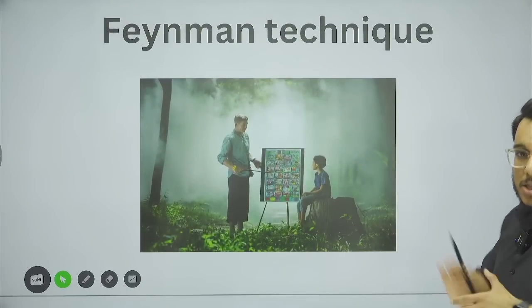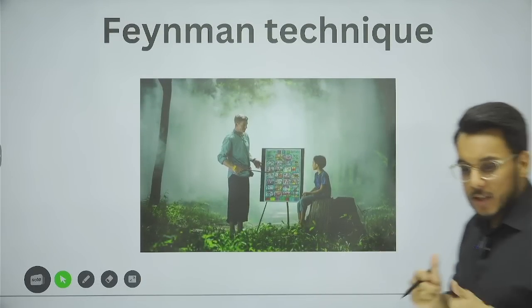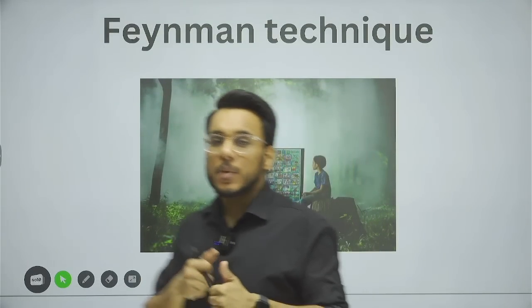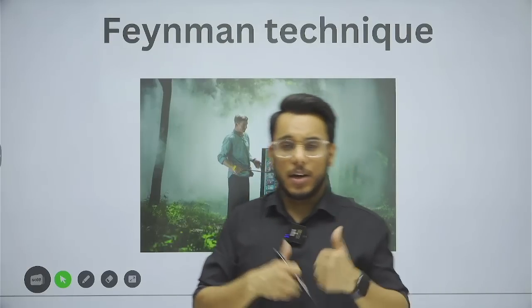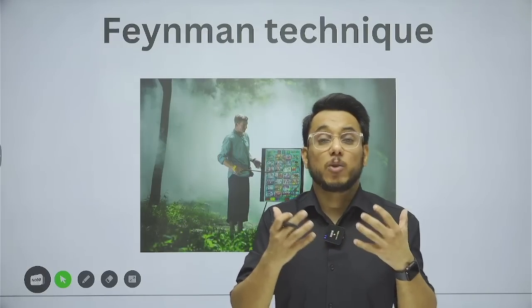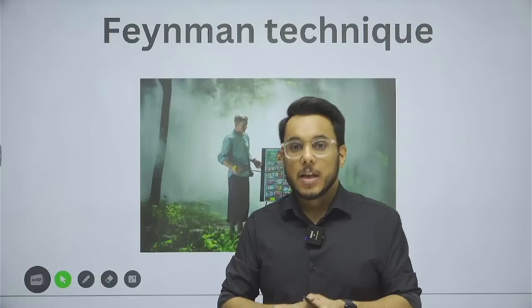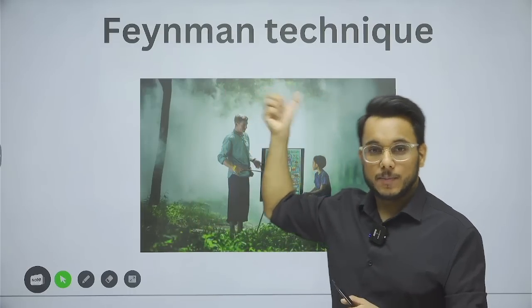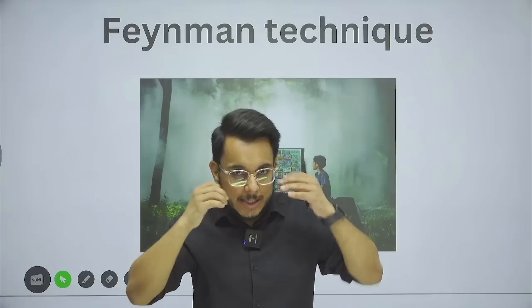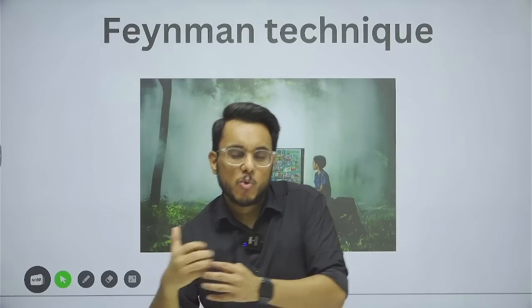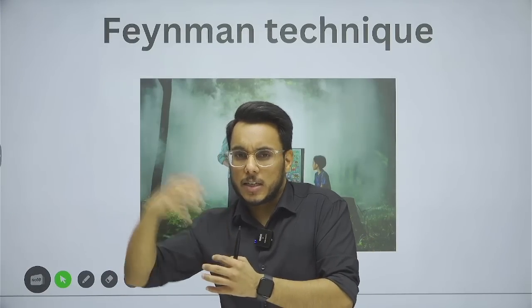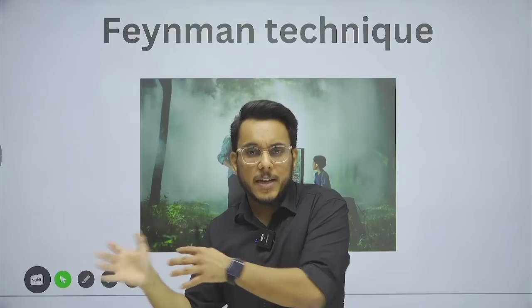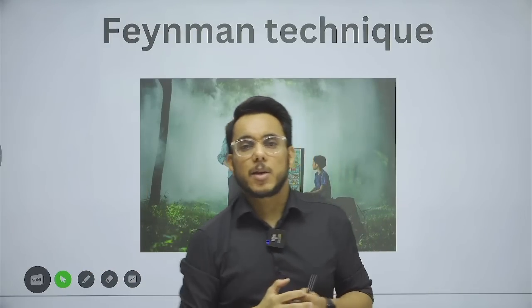Then the next tip is that whenever you are reading anything, or whenever you are trying to understand a difficult concept, use the Feynman technique. Now, what is the Feynman technique? Just imagine that the concept you have just learned or completed, you have to explain it to a 5-year-old kid.